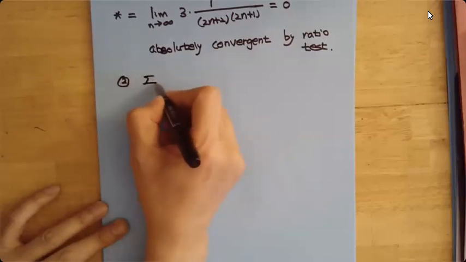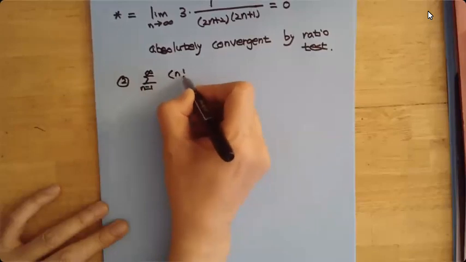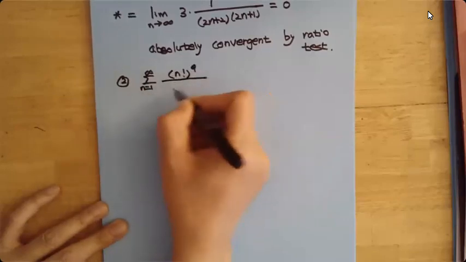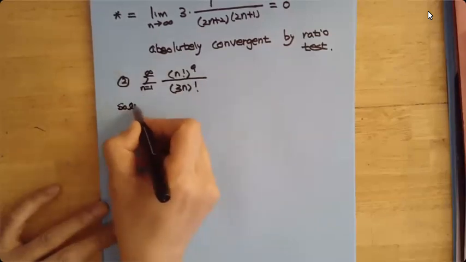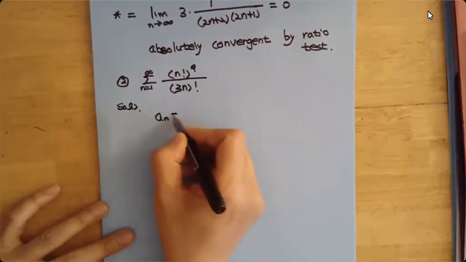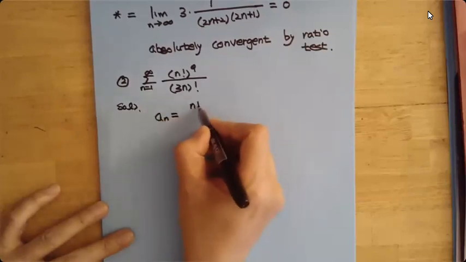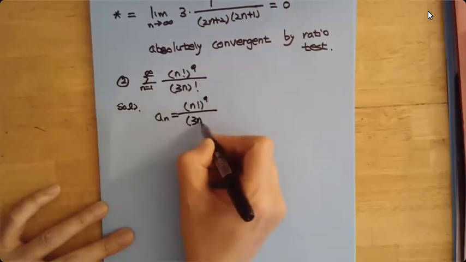The second problem is the summation from n equals 1 to infinity of n factorial to the 9th power over 3n factorial. So the defining sequence is a_n equals n factorial to the 9th power over 3n factorial.